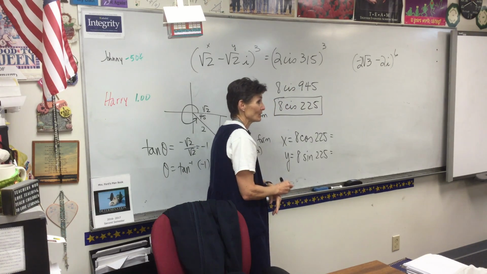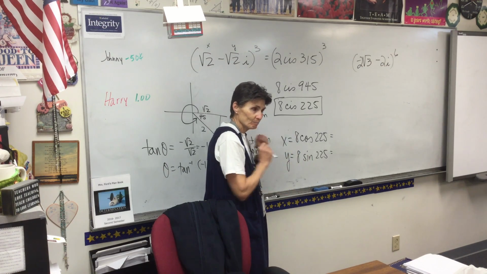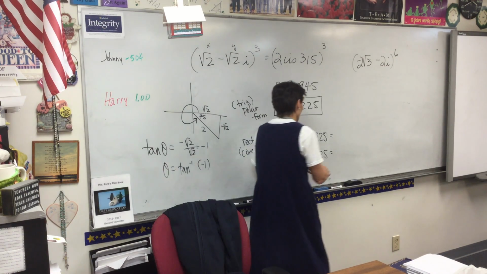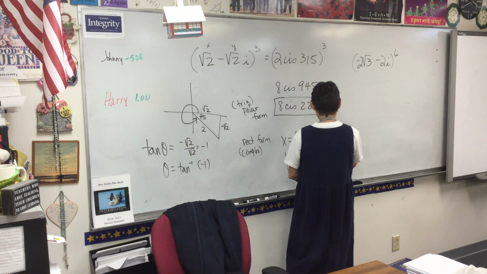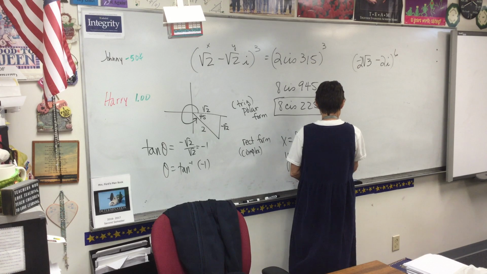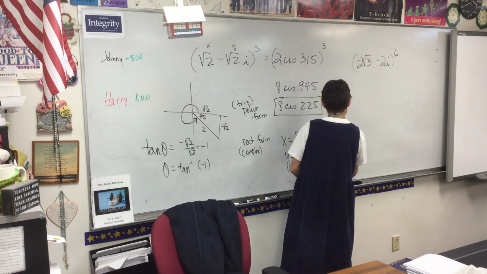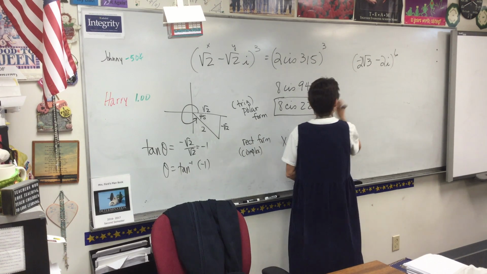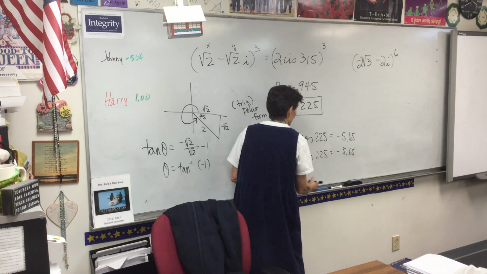You will have a calculator on the test. So let's just get our calculator out and type it in. What do we get for, these should both be the same number. What do we get? Negative 5.65. So our answer, they won't always match obviously, but with 225 they will.